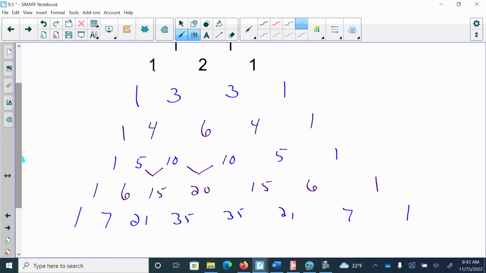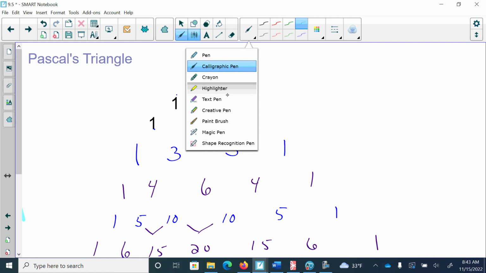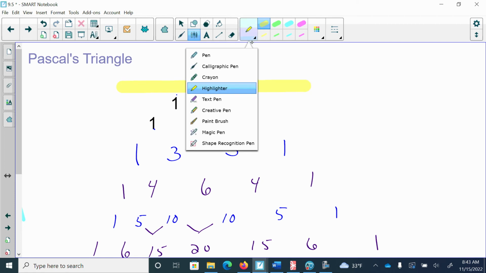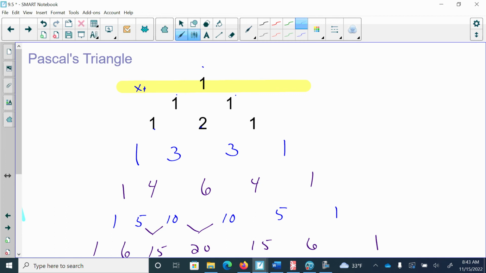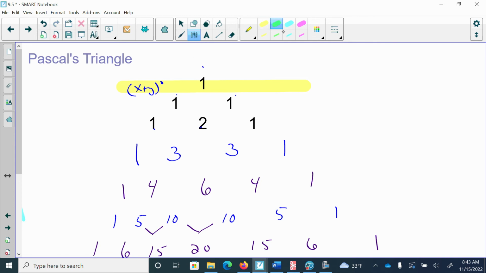So this, just to refresh, this line right here is going to be x plus y raised to the 0 power. This line right here is going to be x plus y to the first.